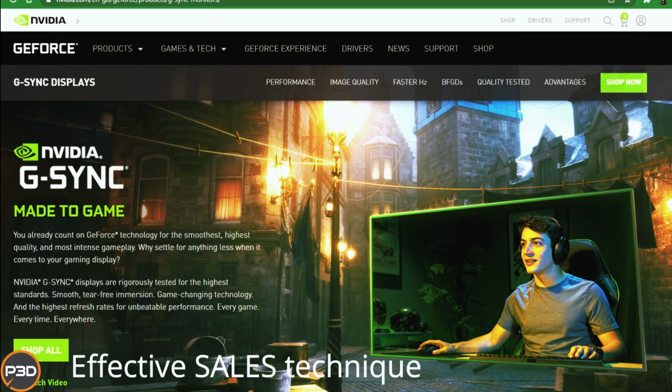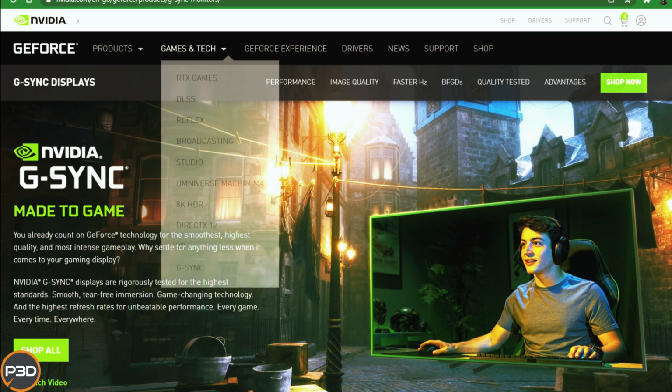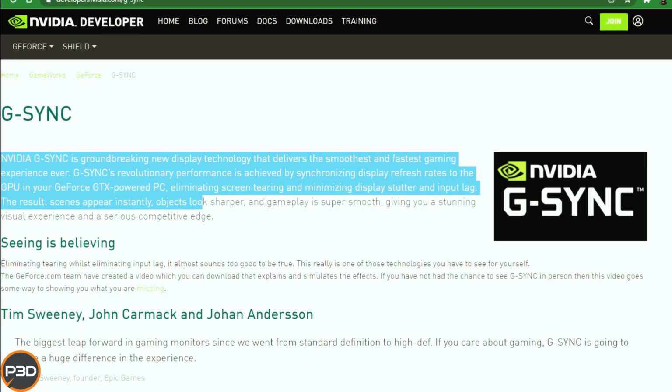So Nvidia is trying to tell you that you're going to get stutters in your game, and you're going to get the edge in competitive games if you have G-Sync, right? Because if you don't have it, you're going to have problems, and so the answer to your problems is G-Sync. That's how they're trying to sell this big con. Let's break this down first, okay?